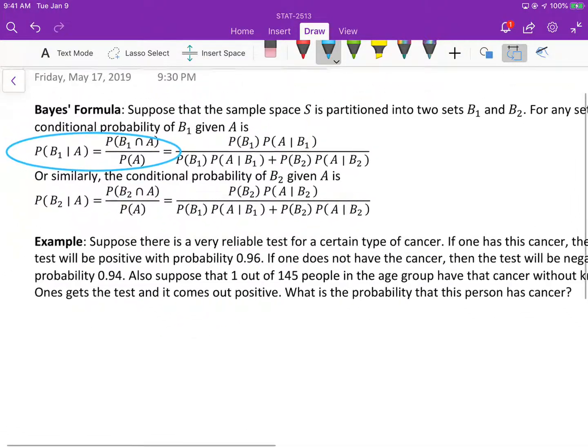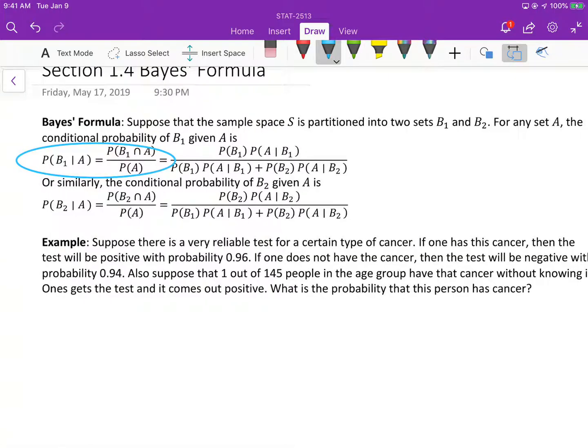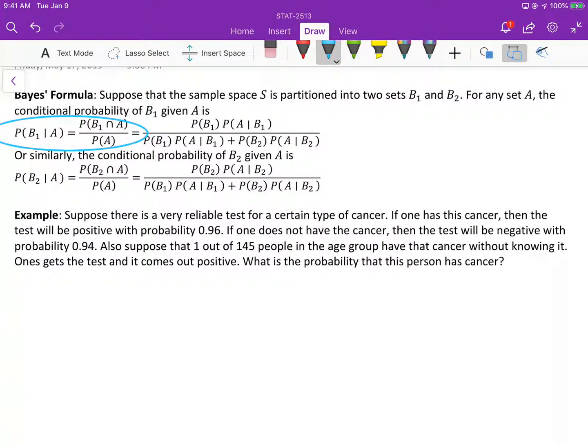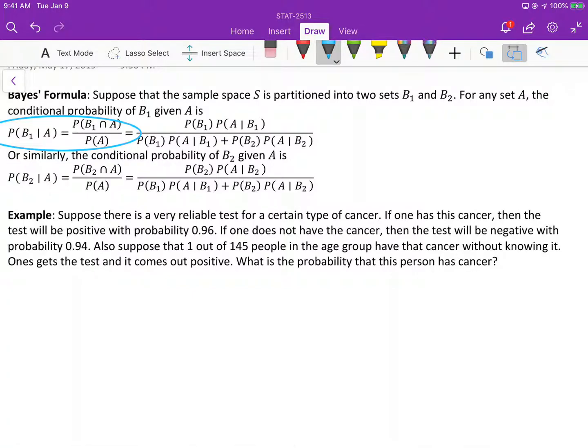So let's use the following example to demonstrate how to apply the Bayes formula. The example says, suppose there is a very reliable test for a certain type of cancer. For this type of problem, we also need to draw a diagram to help us solve the problem.